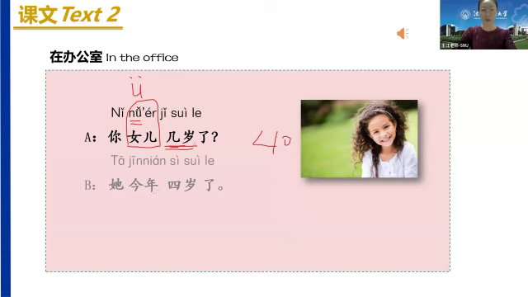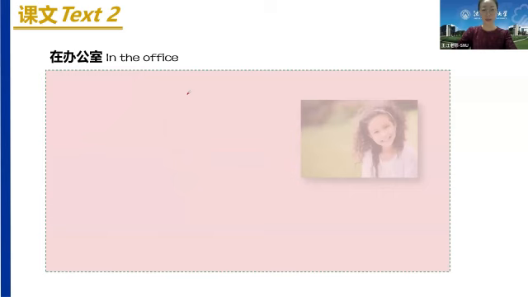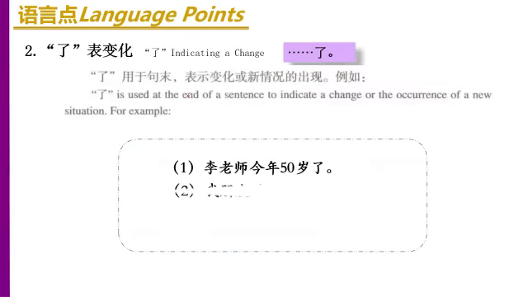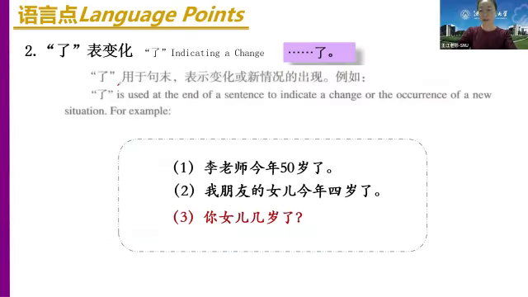And le, that is the grammar we have learned in text 2. Let's review the grammar. Le is used at the end of a sentence to indicate a change or the occurrence of a new situation.